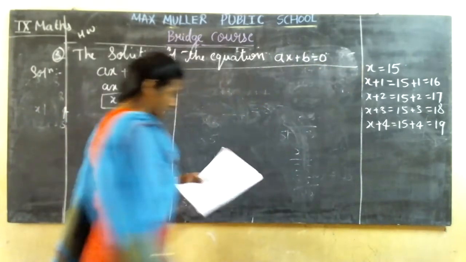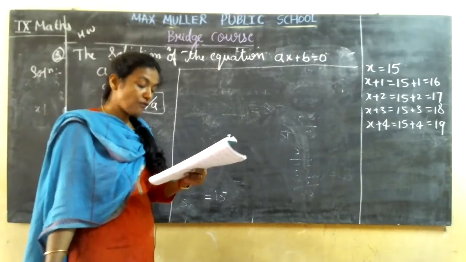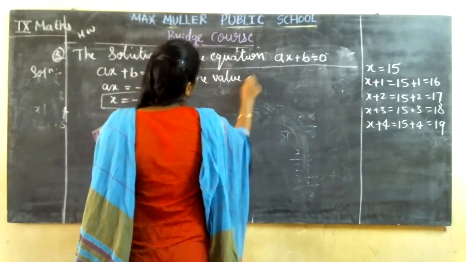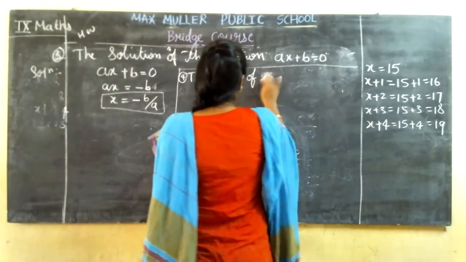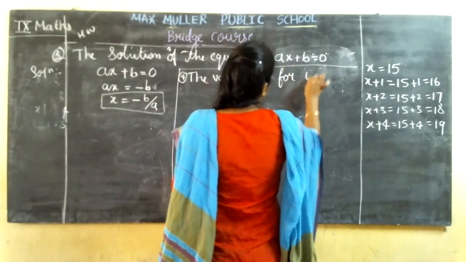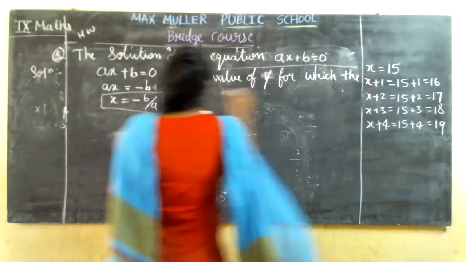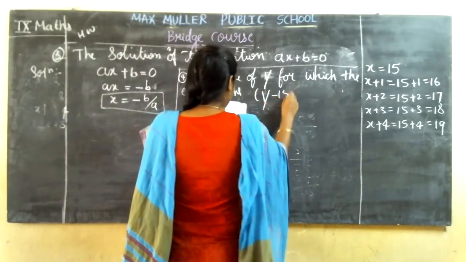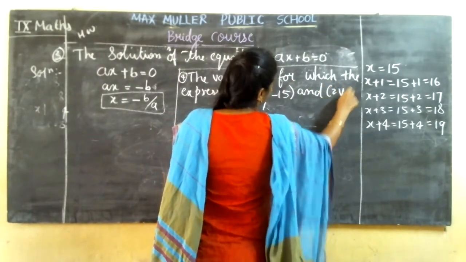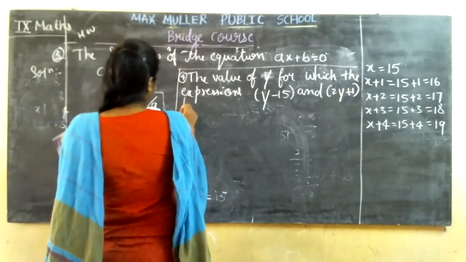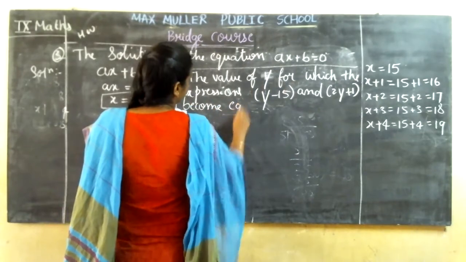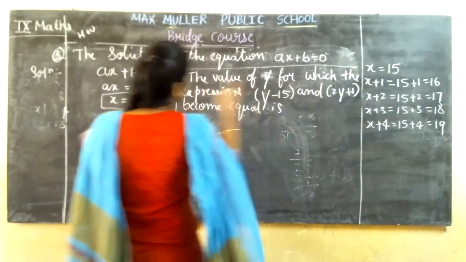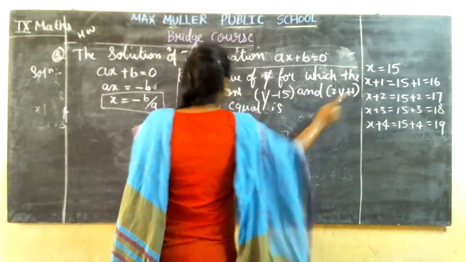Okay. Next one. Write down the fourth one. The value of y for which the expressions y minus 5 and 2y plus 1 become equal.